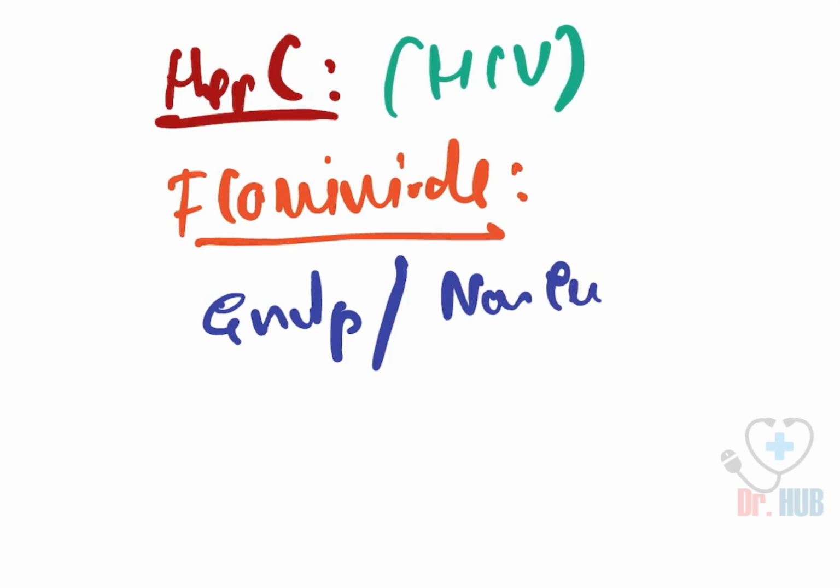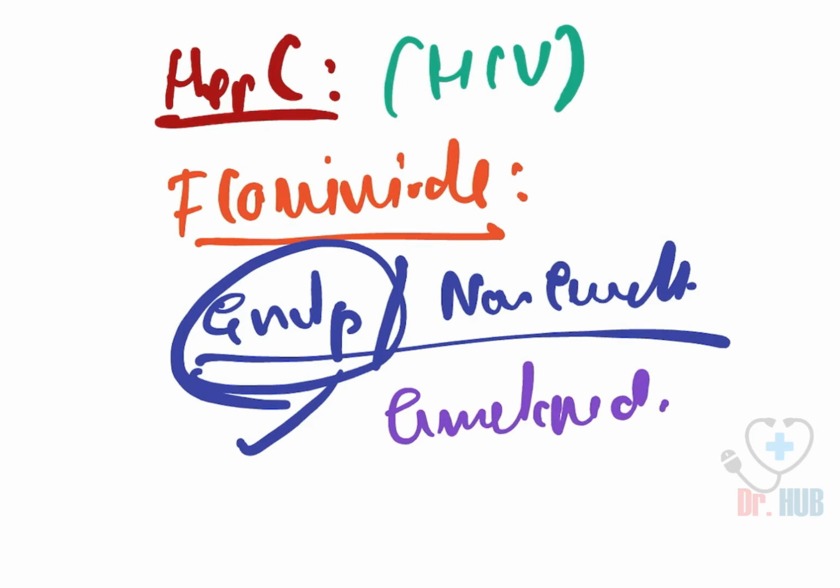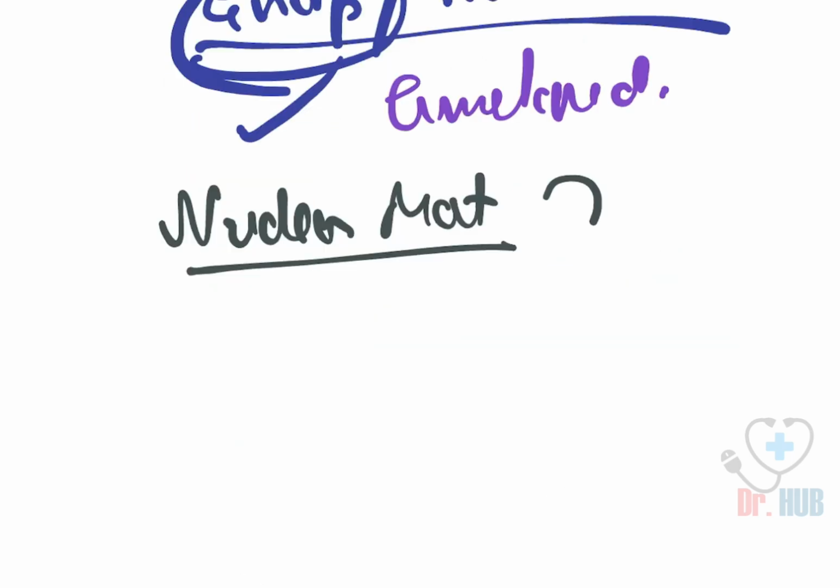The answer being, it is enveloped. And then looking at the nuclear material, what is the nuclear material here? This is hepatitis C, so the nuclear material here is ssRNA, that is single-stranded RNA.